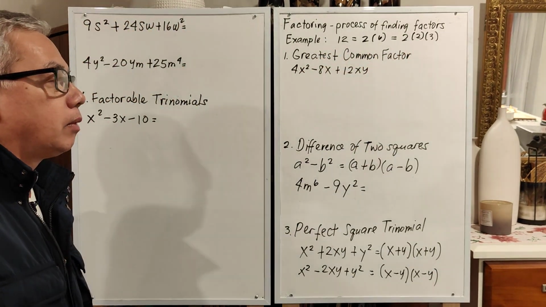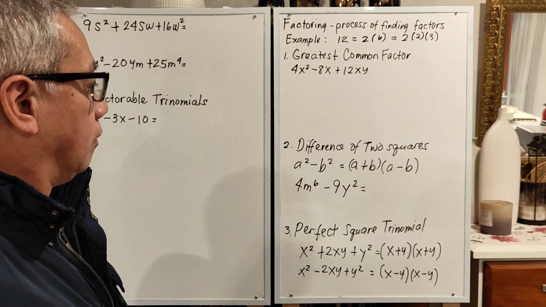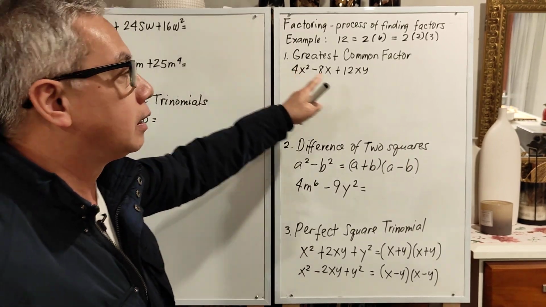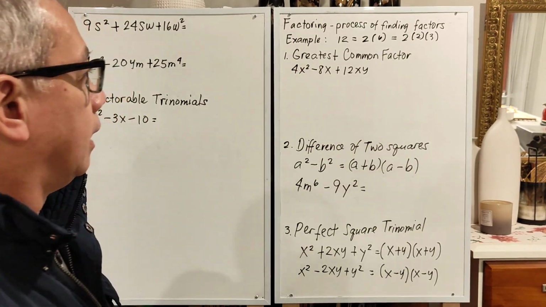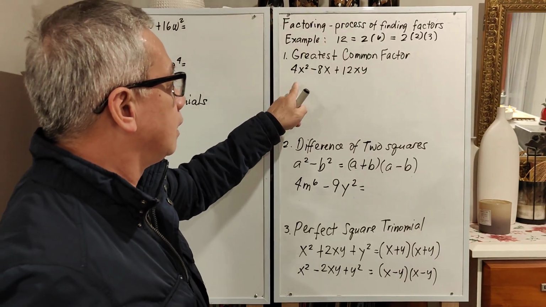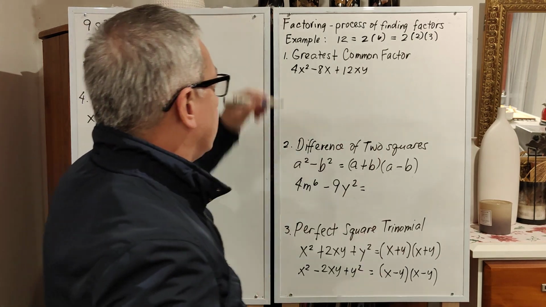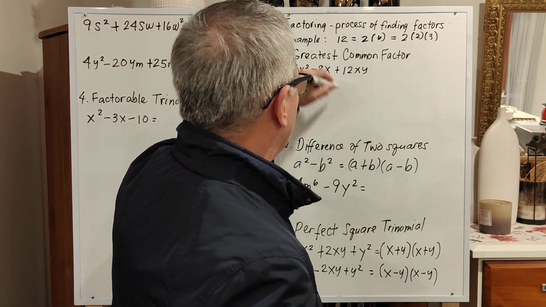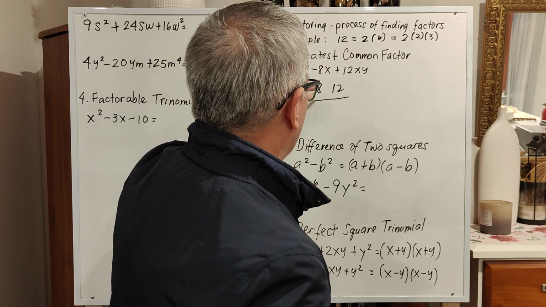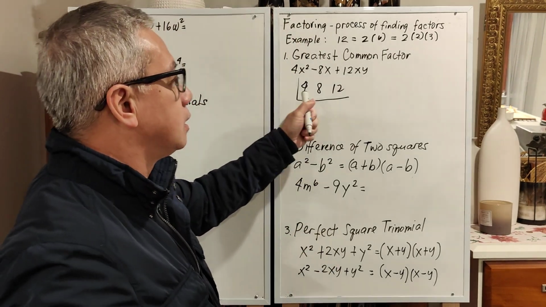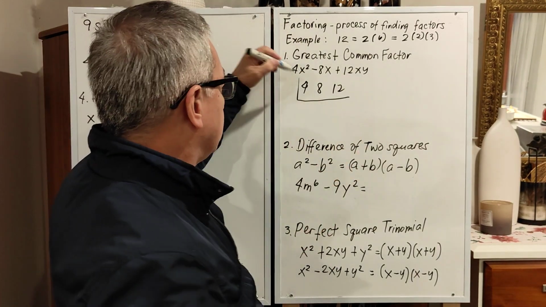Now, there are 4 common methods of factoring. First is the greatest common factor. Let us first get the greatest common factor of the numbers 4, 8, and 12. What number is divisible into all of them? 2.